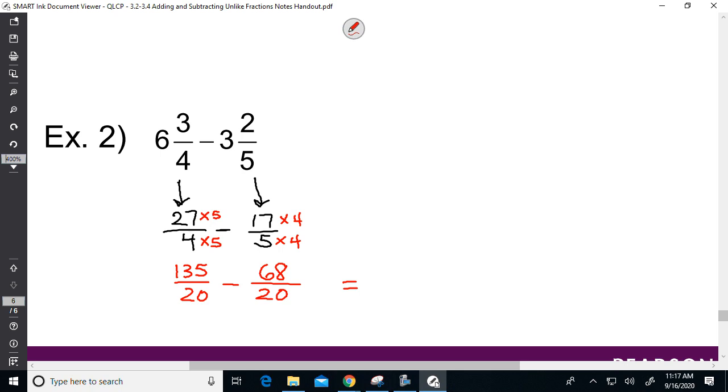Did you list your multiples? Looks like you're still working them out, so it doesn't look like you listed your multiples. Shortcut steps.